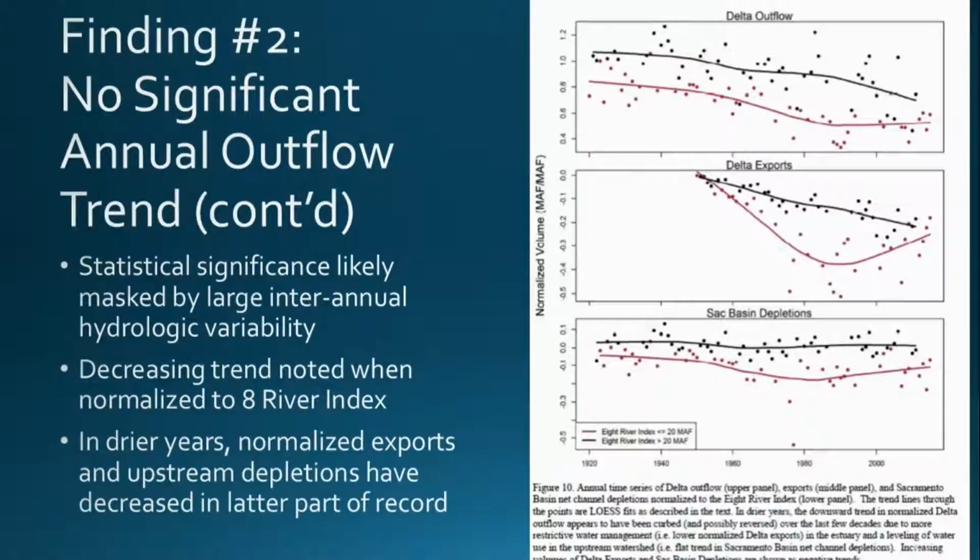So in wet years, there's been a continued trend of increasing delta exports. But look at what has happened in the drier years. Not only back in the 80s, on a normalized basis, the exports have actually been decreasing, again, in response to meeting flow regulations.